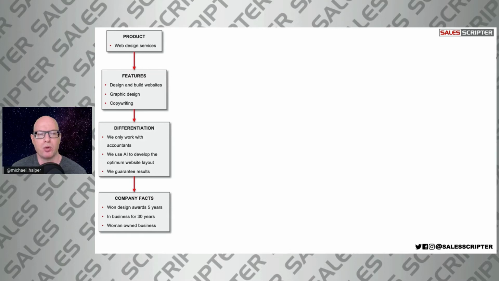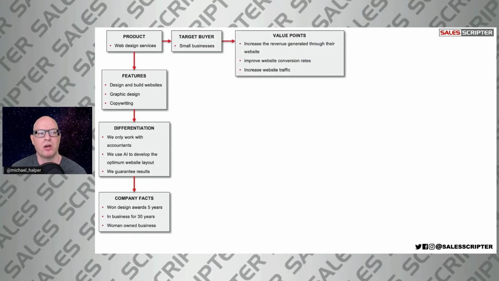I'm not going to go through that again, but in a previous module where we taught that, we used an example scenario of selling web design services. So we took you through a step-by-step process to create that message, which basically outlines what the product includes in terms of features and differentiation. Who are you targeting with this sales message? What are the improvements that you can make for that particular buyer?